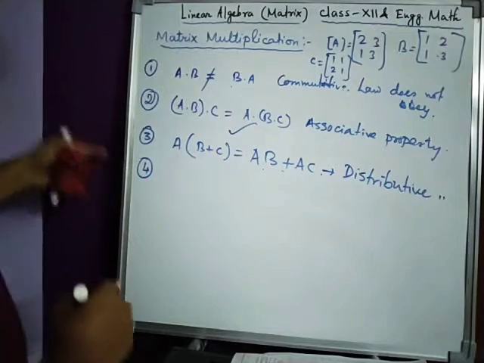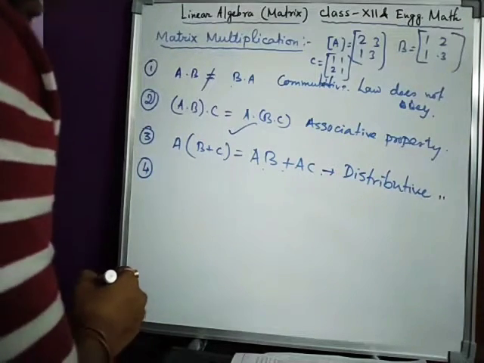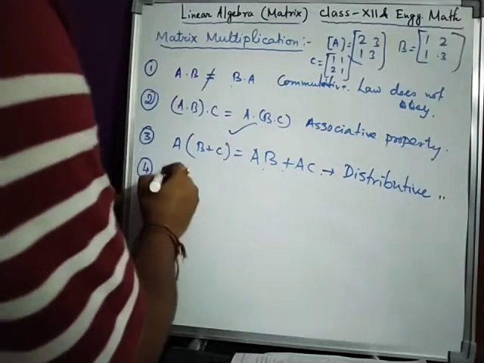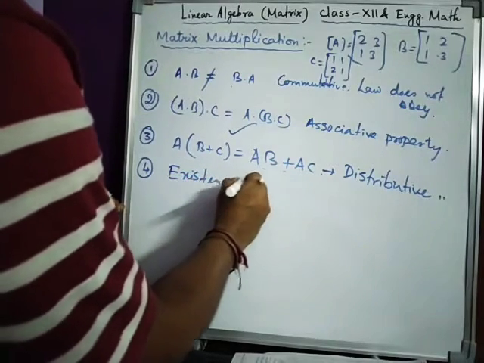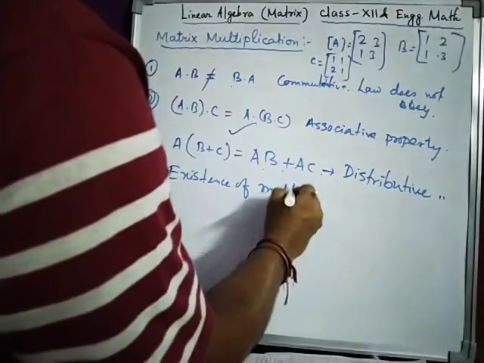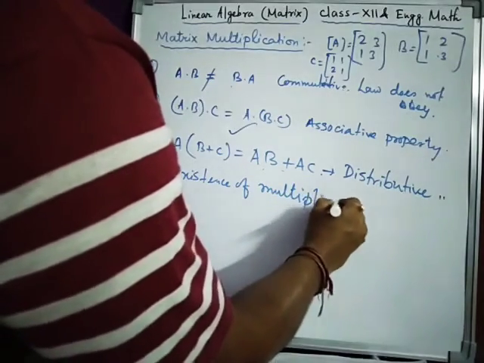Okay, so this is how the properties can be arranged. And the last one, it can follow the existence of multiplicative identity.